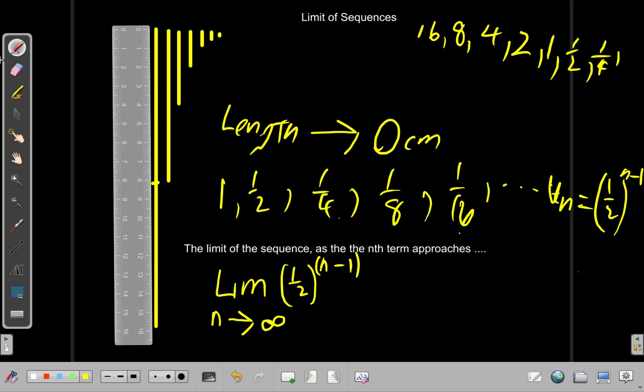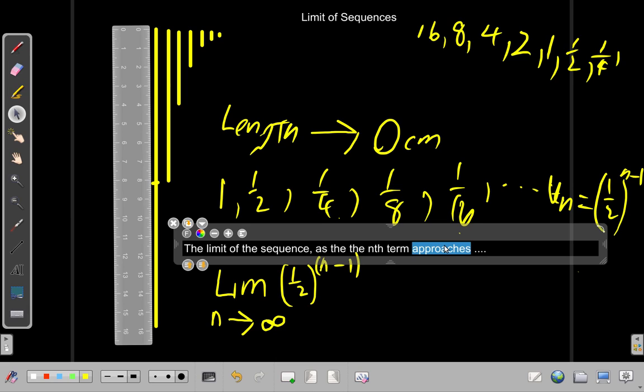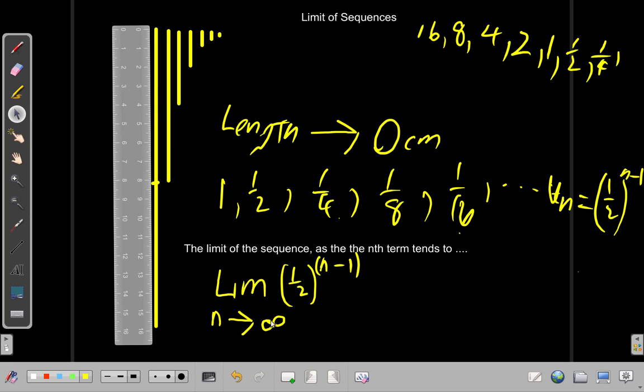So, instead of saying approaches now, we change this to tends to. In this case, it is infinity, meaning you spend all day, all week, all year, and write the term forever and ever, and you still can't finish.